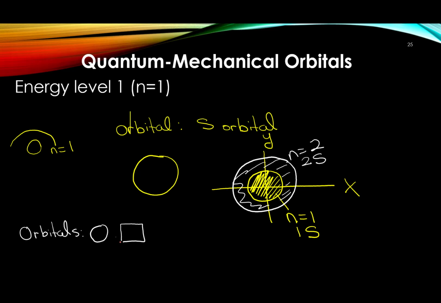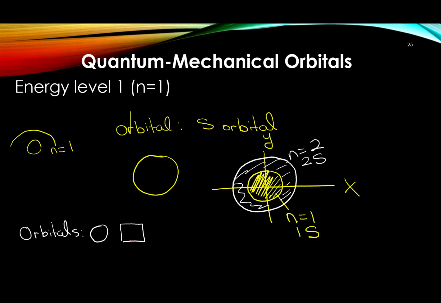That's how different books show orbitals. Our textbook shows them in terms of boxes. That's why I'm going to stick to boxes. I think the online homework uses spheres. I'm not sure, but for our class, I'm going to stick to boxes. It doesn't matter if you do a sphere or a square, as long as you're consistent.